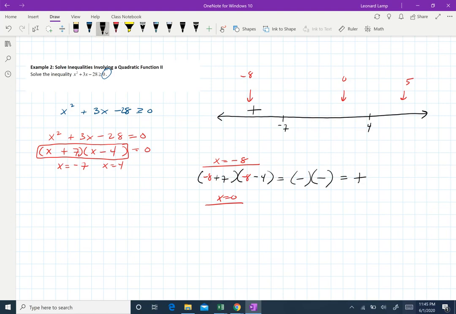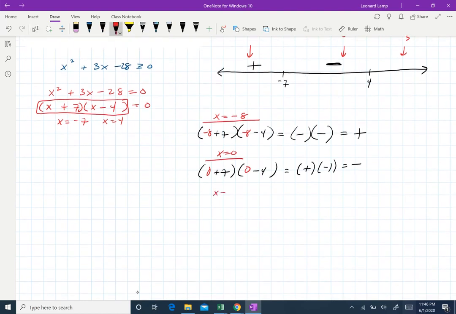Okay. X equals 0. Well, again, I'm plugging that into 7 minus 4, into here and here. So that's going to give me a 0 plus 7 is a positive. 0 minus 4 is a negative. That's going to be a negative sign. And finally, x equals 5.